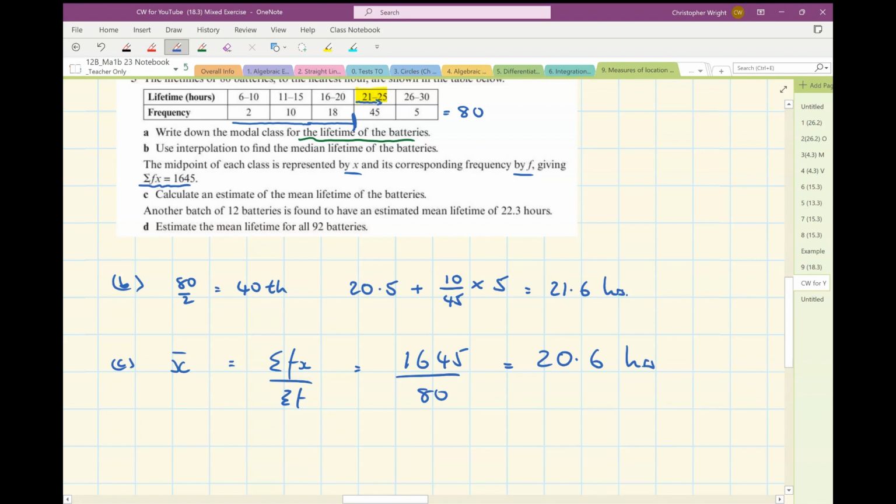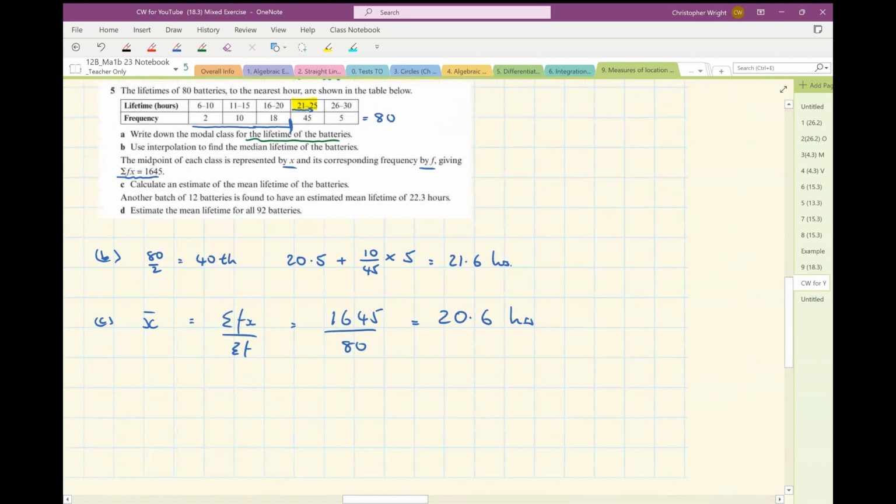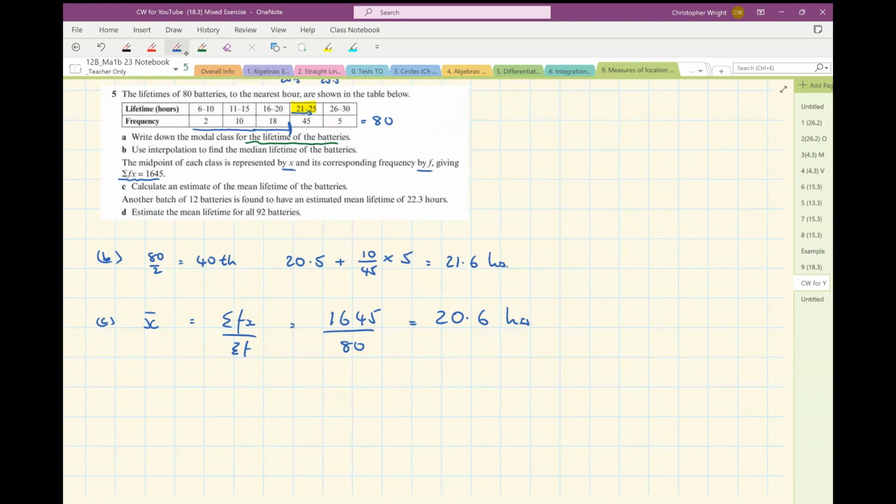Right, part D. Another batch of 12 batteries is found to have a mean lifetime of 22.3. Estimate the mean lifetime for all 92 batteries. Right, so I've got my 80 batteries here, and I know that their total is 1645. I've got 12 more batteries which have a mean of 22.3.